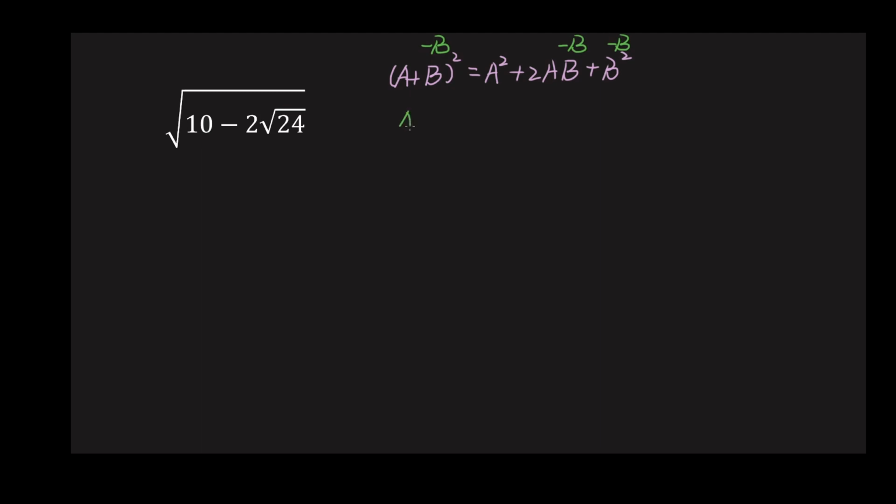That is, a minus b whole squared is equal to a squared plus 2 times a times minus b plus minus b squared.